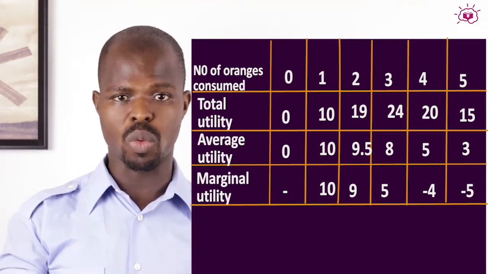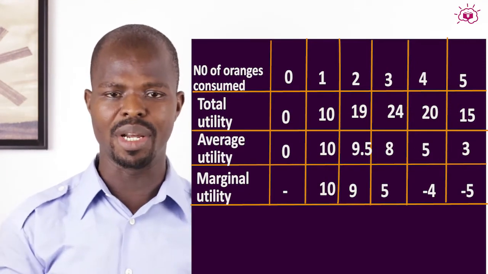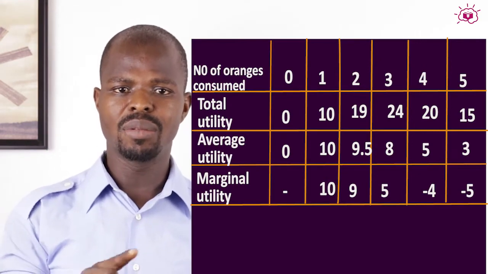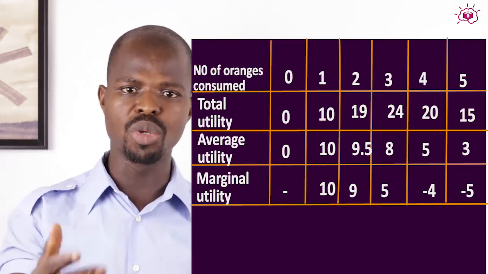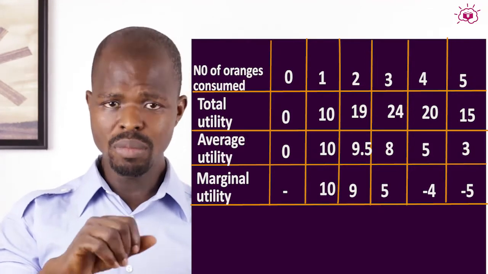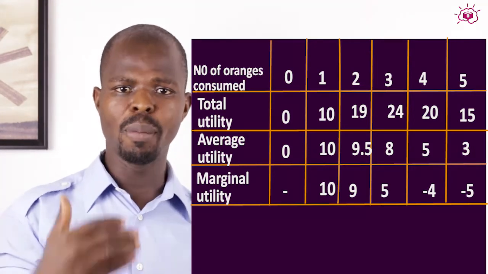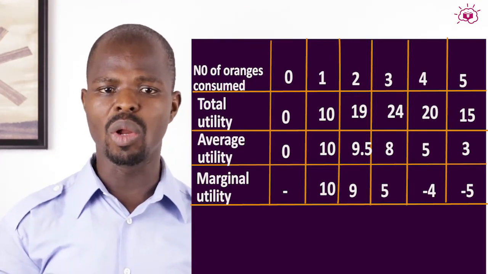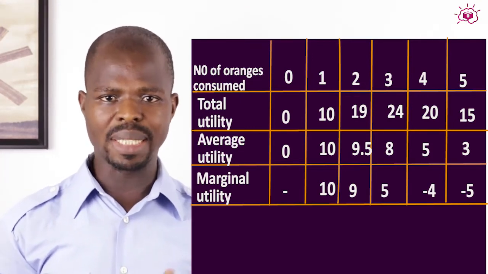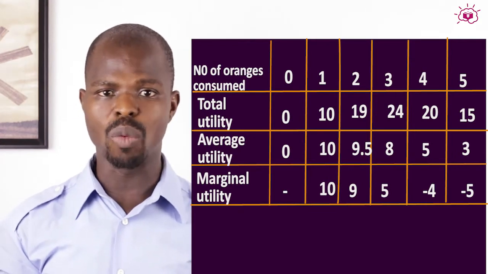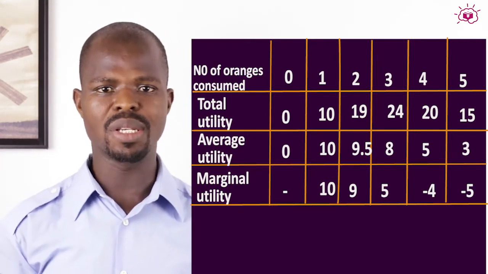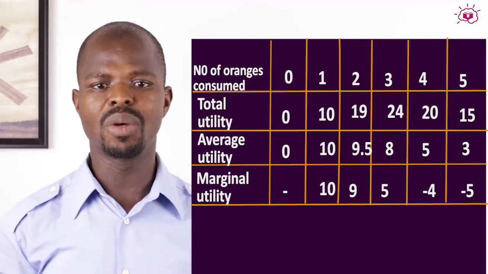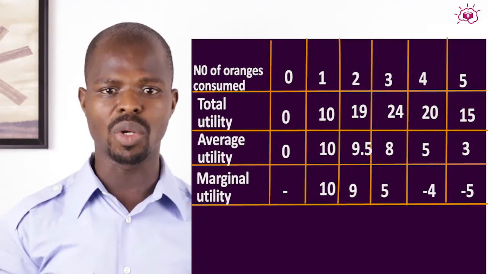So when he sucked the second orange, the marginal utility will be calculated as TU2 minus TU1, that is the new total utility minus the previous, which is the old total utility, that is 19 minus 10 all over 2 minus 1. 19 minus 10 gives us 9. 9 divided by 1 will still give us 9 units. So the extra satisfaction derived when you consume the second orange is 9, as against when you consume the first orange, you got 10.